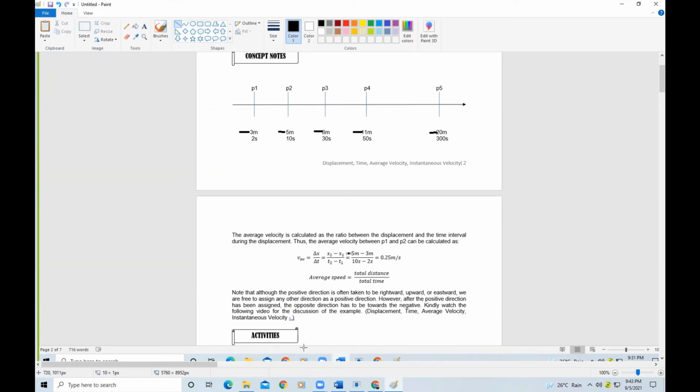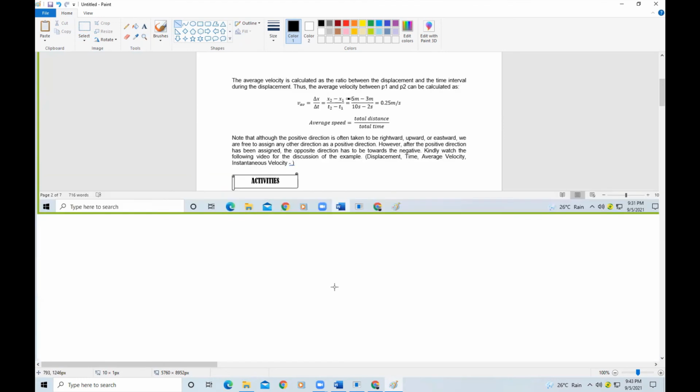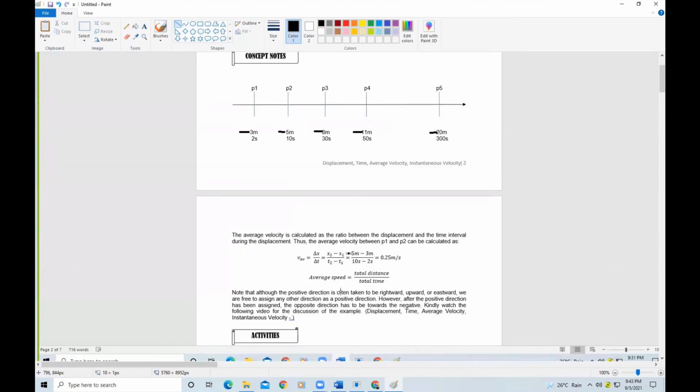The note also states that although the positive direction is often taken to be rightward, upward, or eastward, we are free to assign. So we can assign another direction. Instead of the positive direction, we can replace it with the negative direction, or the opposite direction.